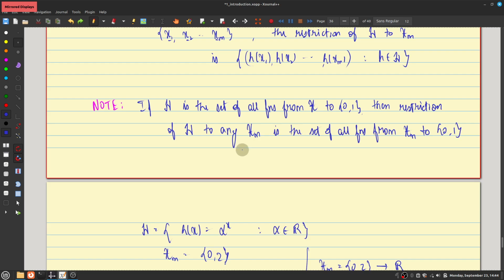And the restriction of H to this set xm is denoted H subscript xm. What is the size of this? Simply 2 to the power m, right?